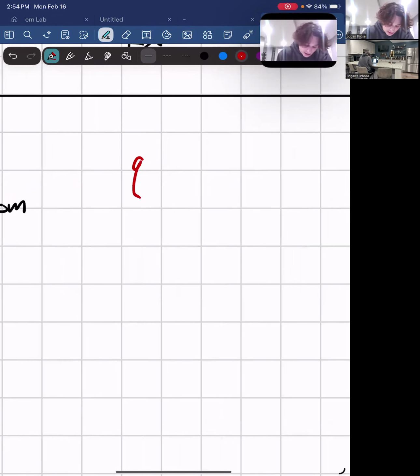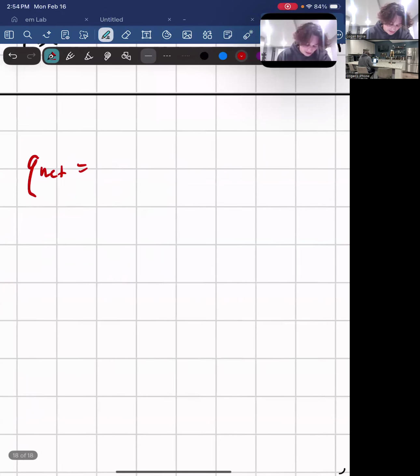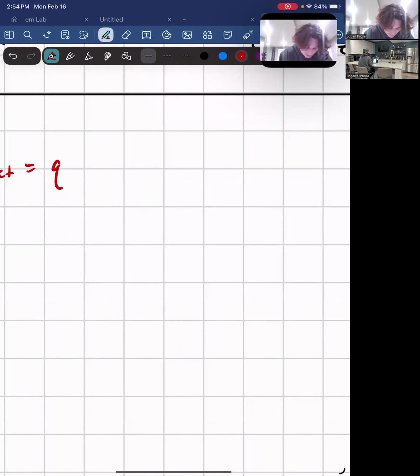If we look at the Q net for our wall area, we have the heat of our room, which is convection. We then have the stud, which is conduction.